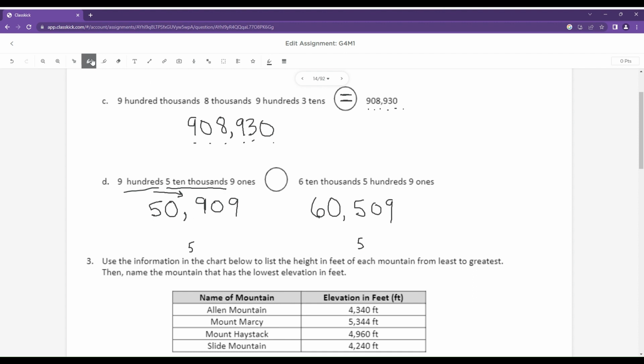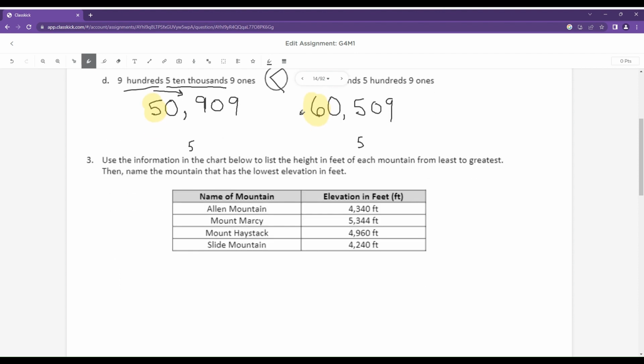So I start with my largest place value, and I notice right off the bat that one number has 5 10,000s, the other number has 6 10,000s. So 6 in the 10,000s is greater than 5 in the 10,000s. So I would read this from standard form as 50,909 is less than 60,509.